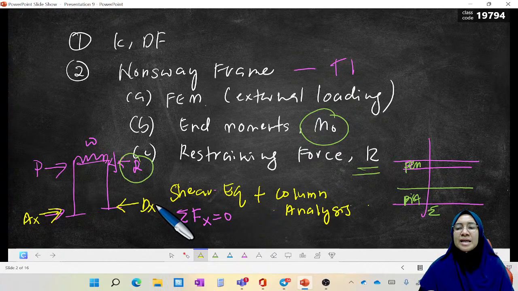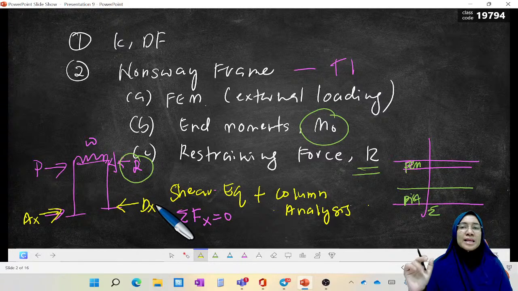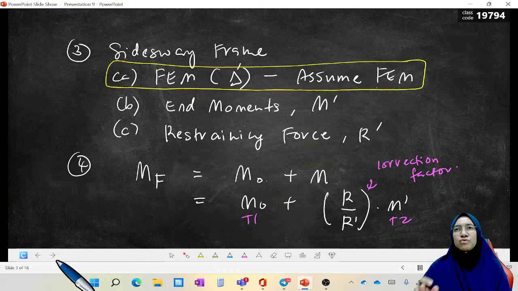That is all about the analysis under procedure number 2, table number 1, non-sway frame analysis. Then we move to procedure number 3, table number 2, called Sidesway Frame Analysis.